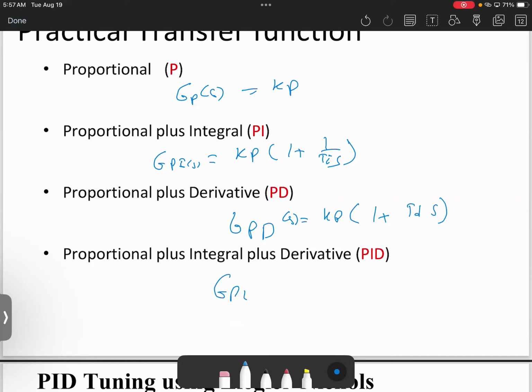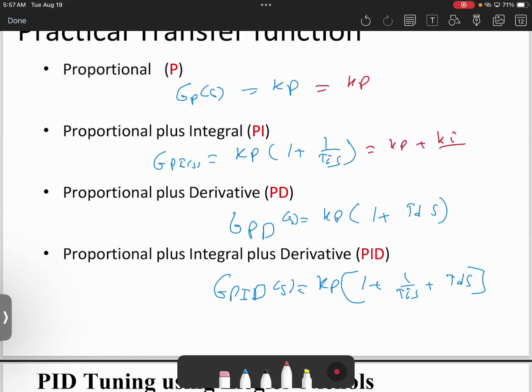Then the PID: we put KP as a factor, KP times 1 plus 1 over TIS plus TDS. Let's compare it with the original definition. KP is the same, no problem with that. The original one was KP plus KI over S. So what's the value of KI?